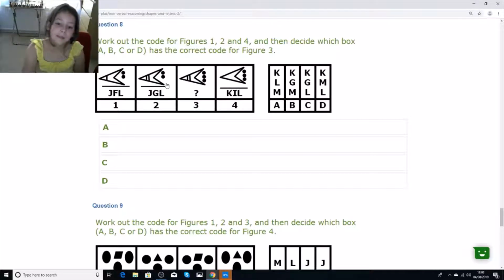Oh, maybe it's because F equals a line, with a vertical line and a horizontal line underneath the shape. Then G must mean two vertical lines and a horizontal line under the shape. And 3 must mean two vertical lines.